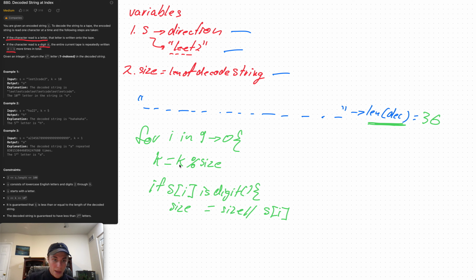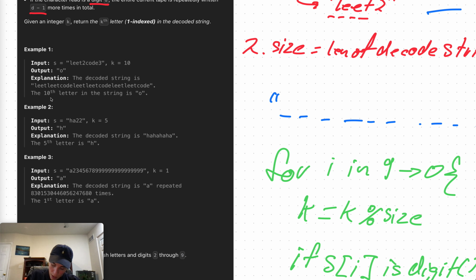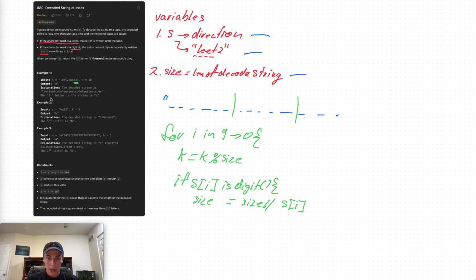What does that mean? When we encounter this 3 over here, we cut this input string into 3 different sections and remove the last 2 portions of it.